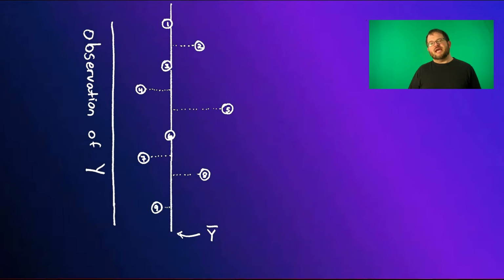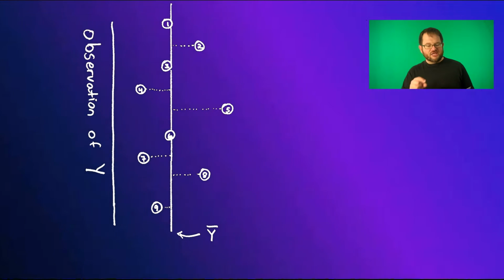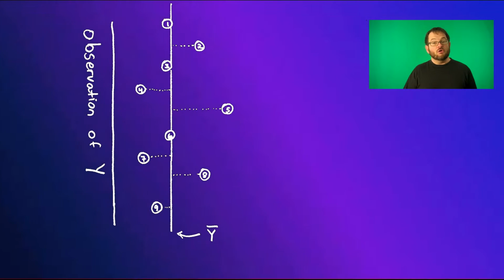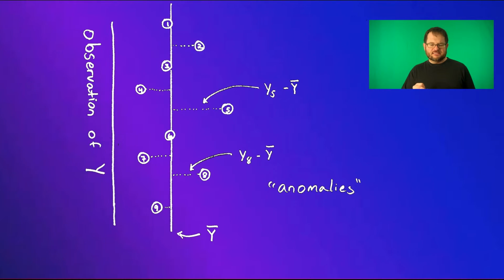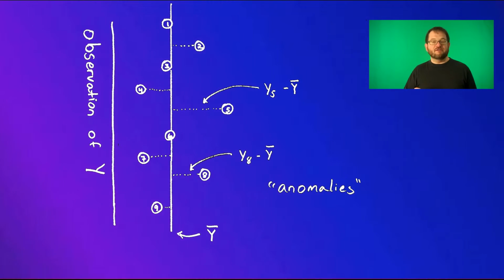See how I drew little dashed lines here that illustrate each of the 9 observations of y was some distance away from y bar. Like y5 is some distance from y bar, and that distance is y5 minus y bar. Or observation 8 is a certain distance from y bar, y8 minus y bar.